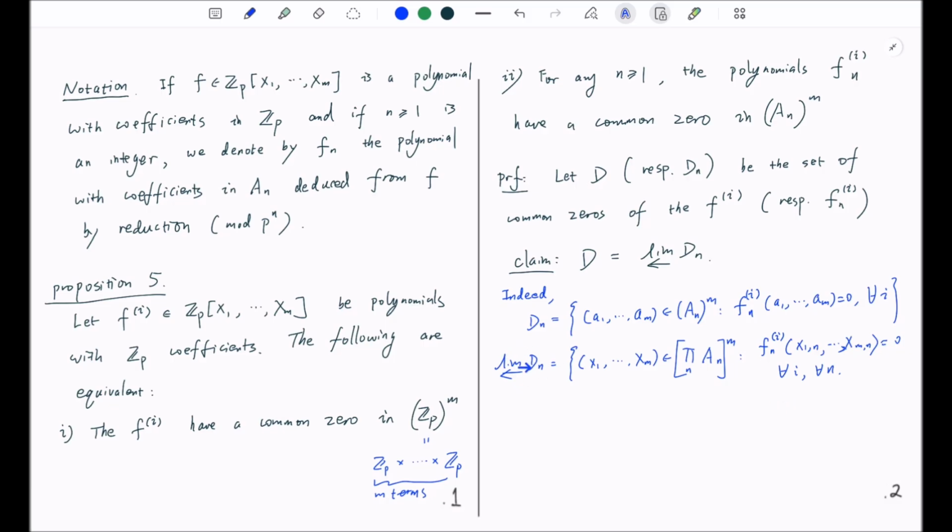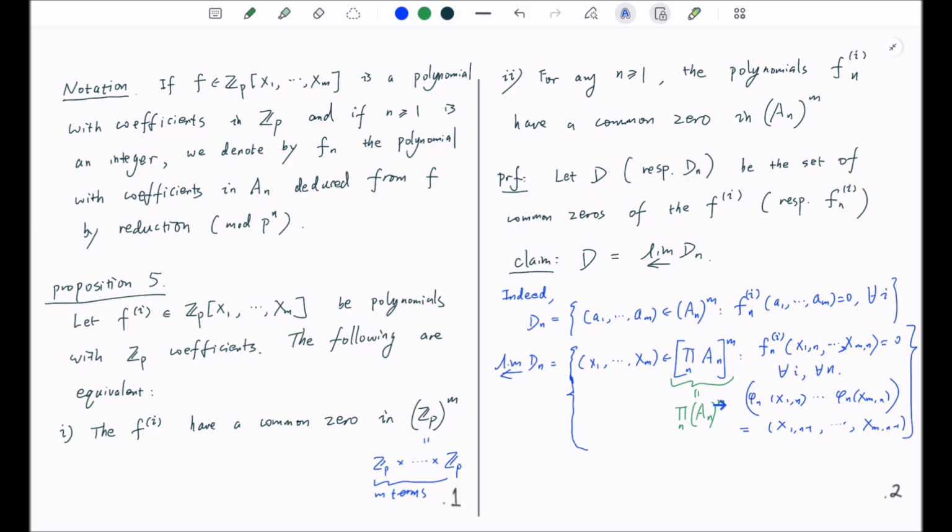Also, for the inverse limit, we need a compatibility condition. And that is represented by this equation. And here, you can also write this thing as the infinite product of A_n, m-fold Cartesian product.